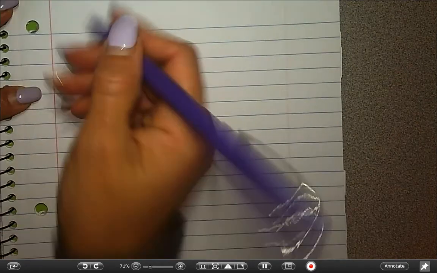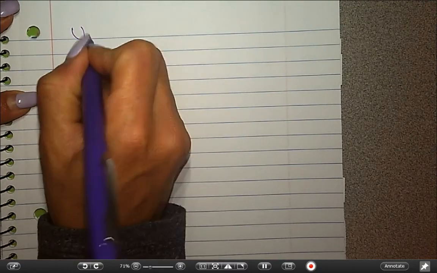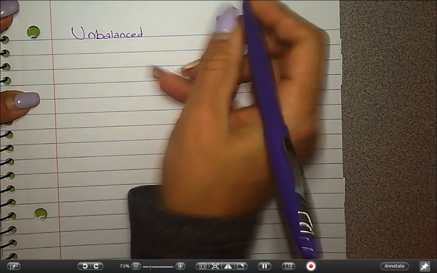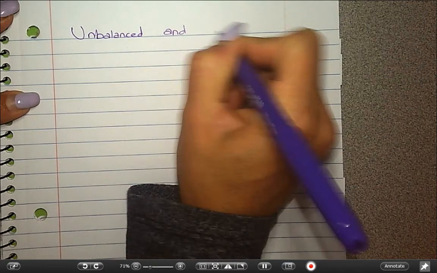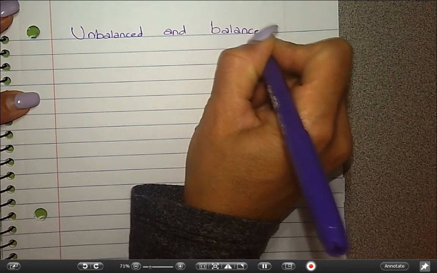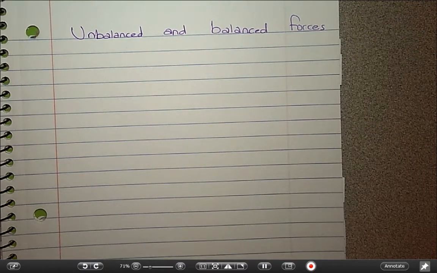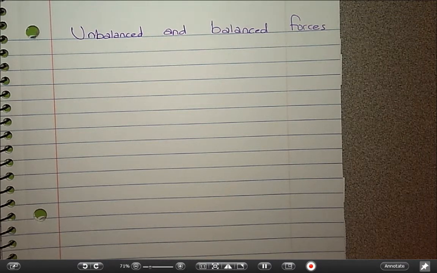And here comes the concept of balanced and unbalanced forces. This is really important for you to understand. What does unbalanced force mean?